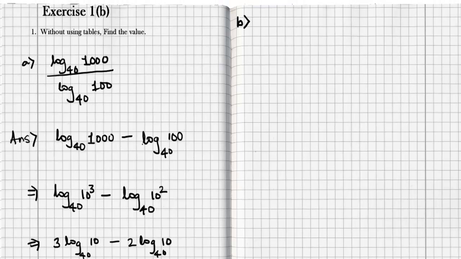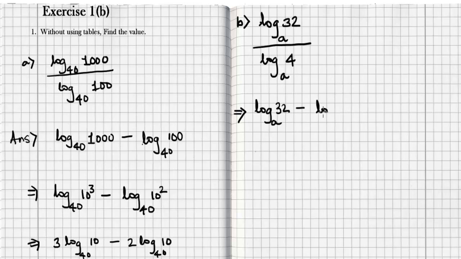So we'll start with the B sum, that is log of 32 to the base A upon log of 4 to the base A. Now using law 2 again, we can write this as log of 32 to the base A minus log of 4 to the base A. Now we know that 32 can be written as 2 to the power 5 and 4 can be written as 2 to the power 2.